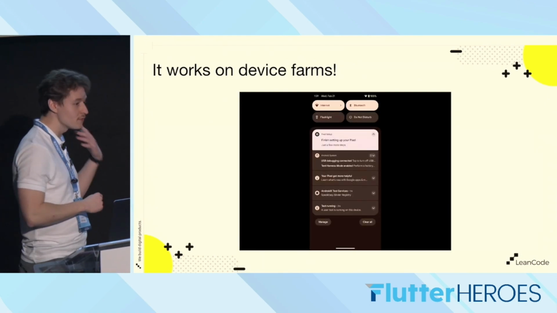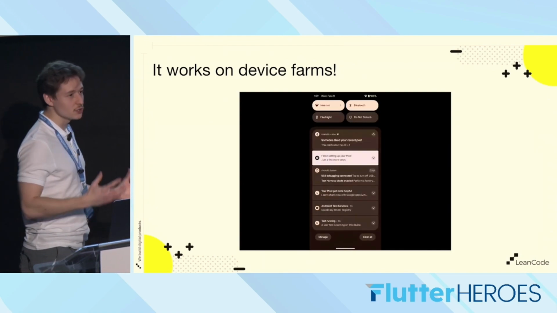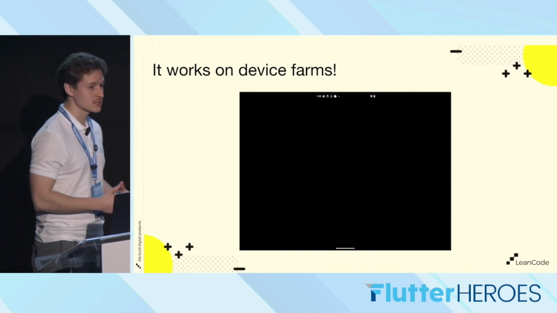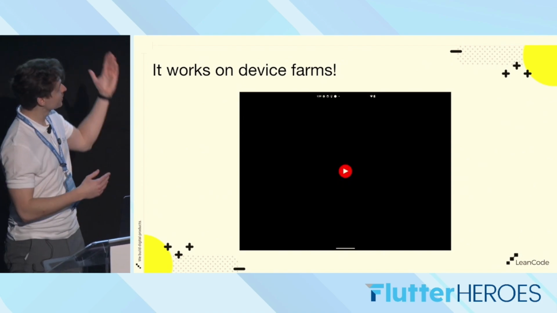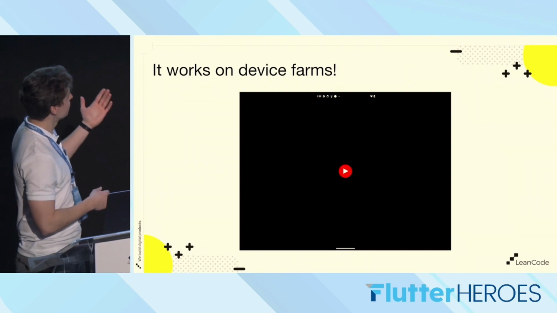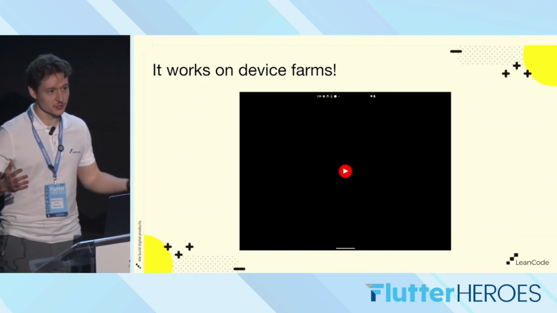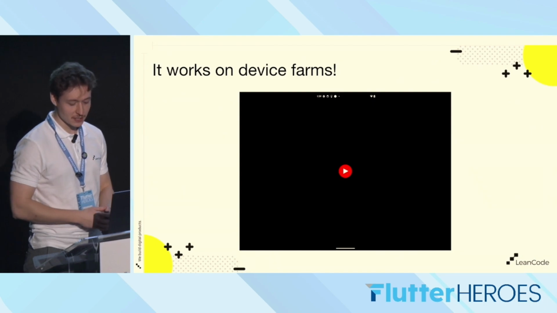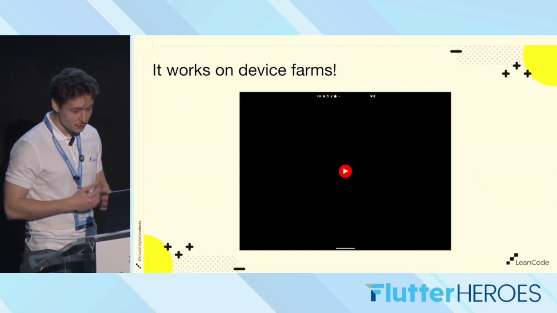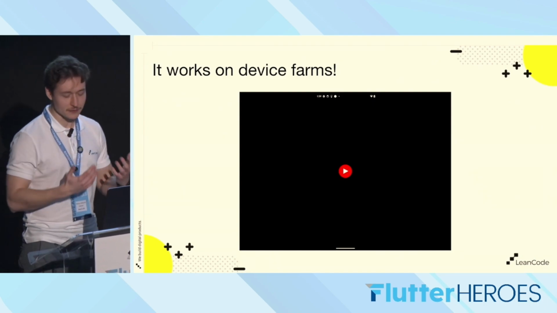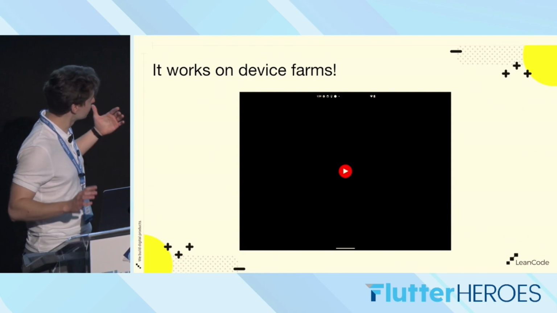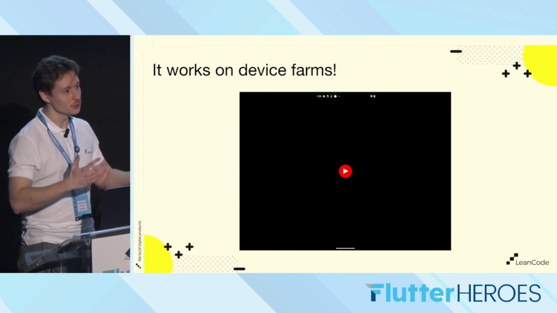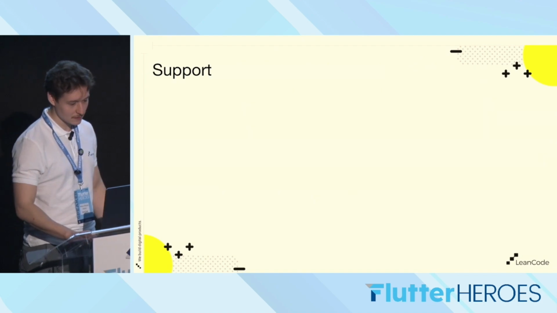So at least those five farms are executing tests well, with real test durations, real logs, real videos. As you can see, this is a video of Patrol testing Patrol itself on Firebase Test Lab in our GitHub action. It's really cool for us that we finally achieved this moment when we can take advantage of those native tools and use them with Flutter apps, right?